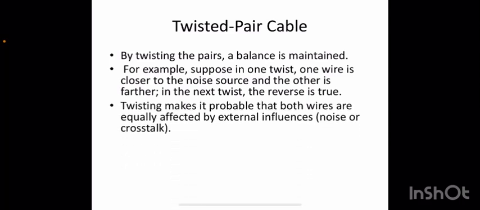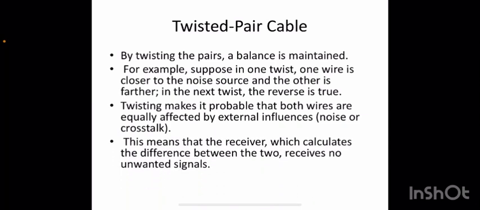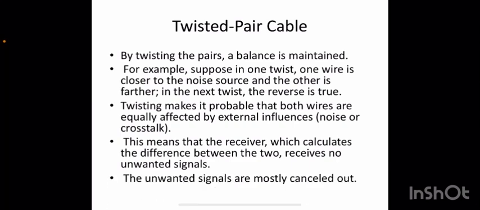So twisting makes it probable that both wires are equally affected by external influences like noise or crosstalk. And this means that when we calculate the difference between the two at the receiver, it receives no unwanted signal. Coming to this type of twisted pair cable, we have two different categories: unshielded twisted pair cable and shielded twisted pair cable.